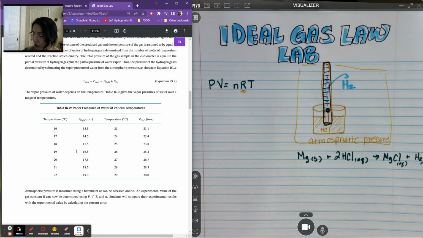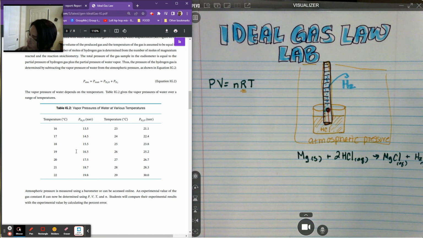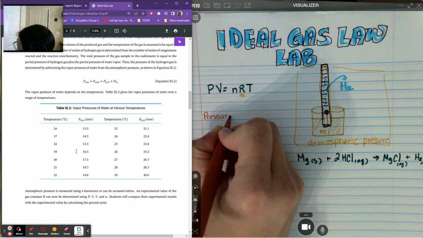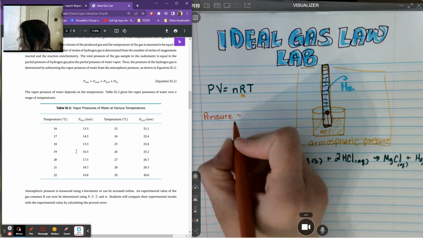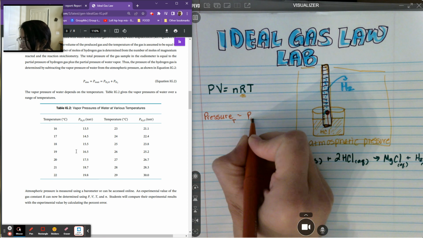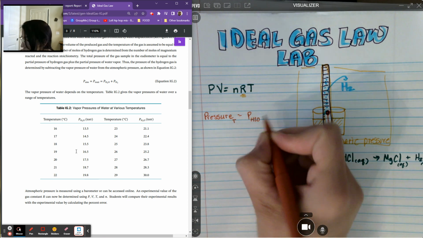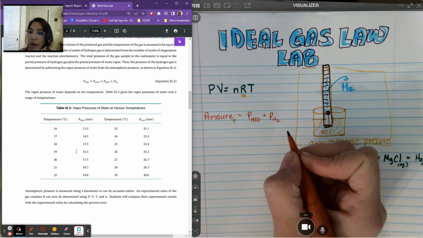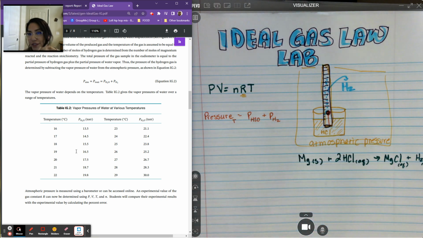So for our pressure, we have to note that our pressure total is going to equal to the pressure of the water plus the pressure of our H2. Okay? And that's because atmospheric pressure is combined with water. So we have water inside our atmospheric pressure.